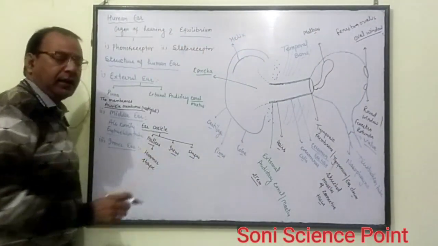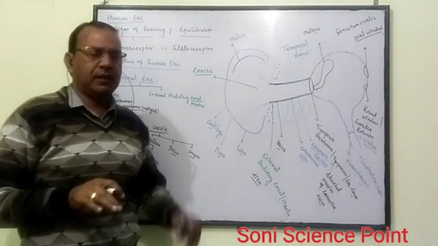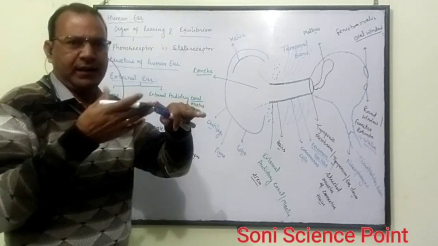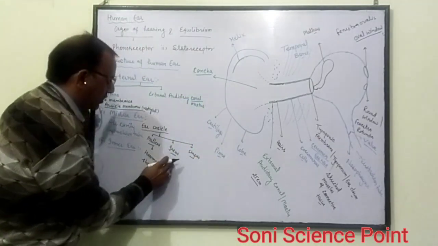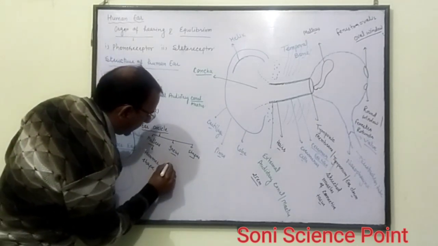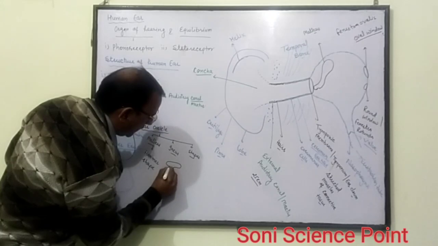The incus is anvil shaped. An anvil is a broad metallic surface on which we put metals and hammer them. The upper portion is wider, and then it becomes thinner, and the lower part is the base.